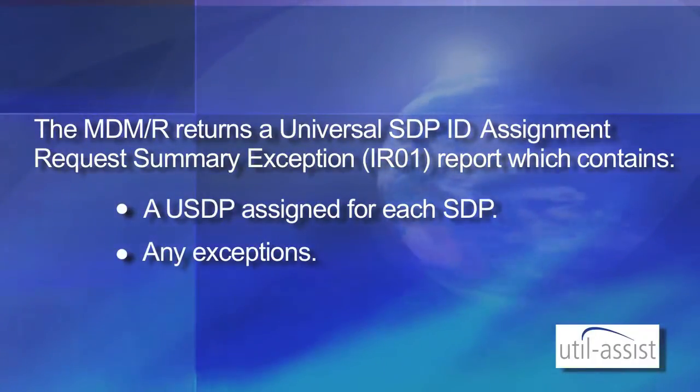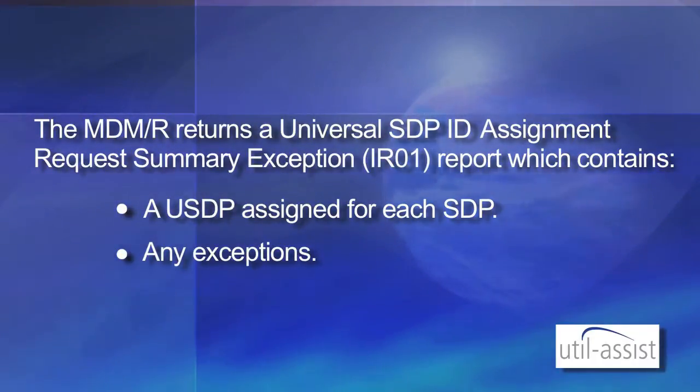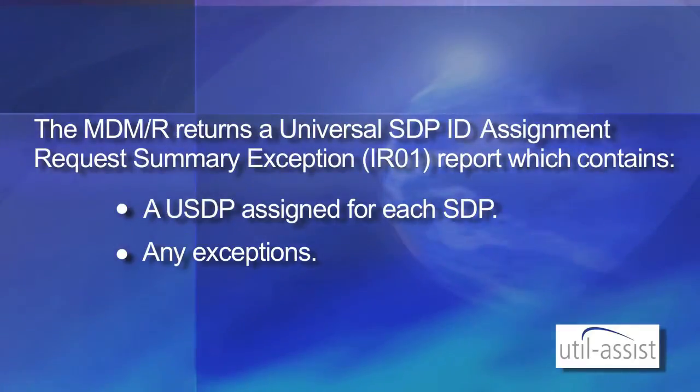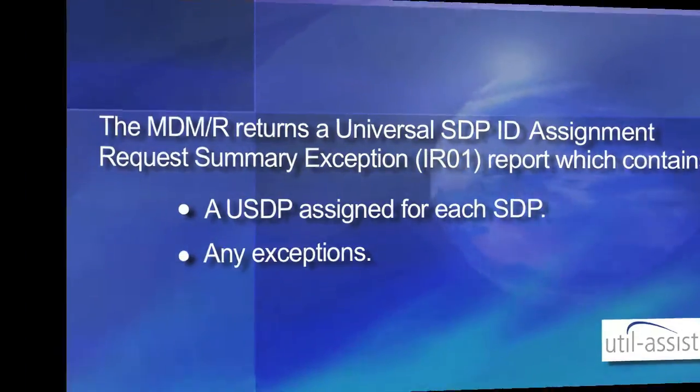The IR01 report will not inform you if the CIS sent a request but no response was received, that is, if there is an AS2 transfer problem. Therefore, UtilAssist recommends that a CIS report is developed to query CIS for SDPs that have a USDP request date but no USDP ID stored.